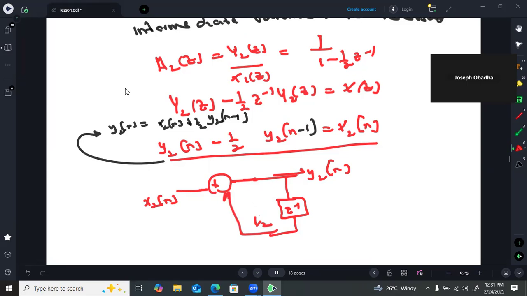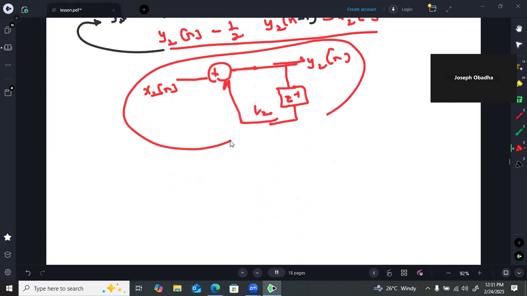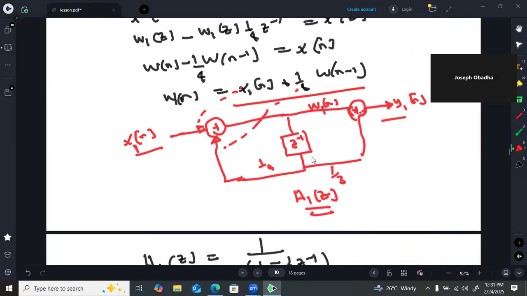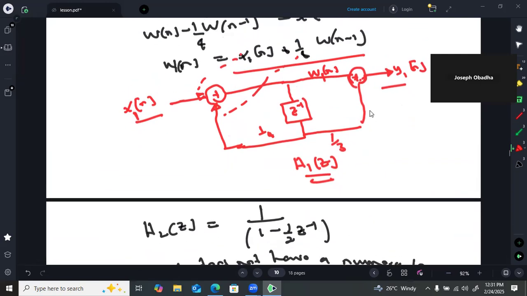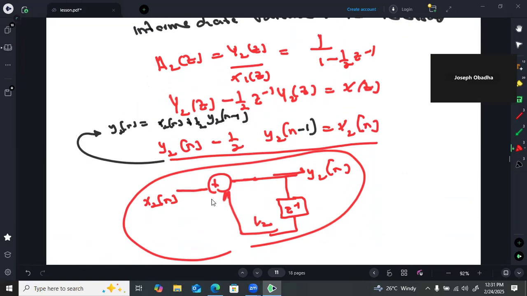Then now the two needs to be combined. We need to cascade them so that we have our input X1 giving us the output Y2, and then this output Y2 should be the input X2.